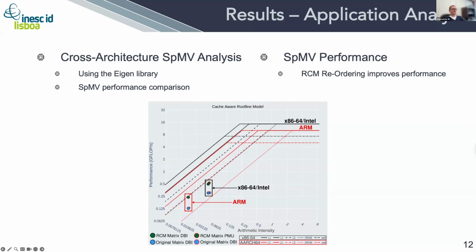And in both of them, we can see that from the original, we get a performance improvement once we reorder the data because of better locality. And since Intel, in this case, gives us a higher performance, of course. What we can also observe here is that there is no significant difference between the PMU and DBI profiling, which is something that is expected to see once you profile with both of them.